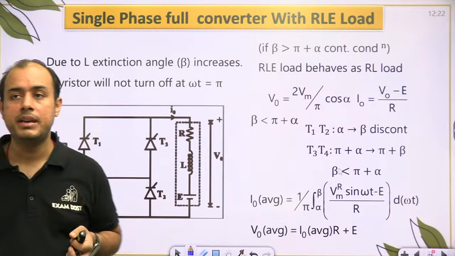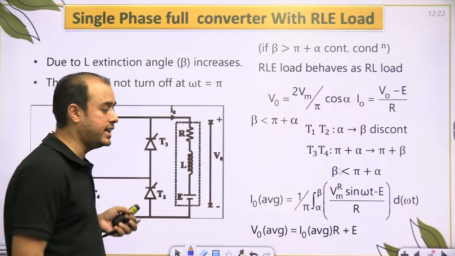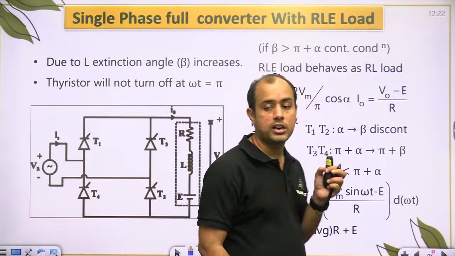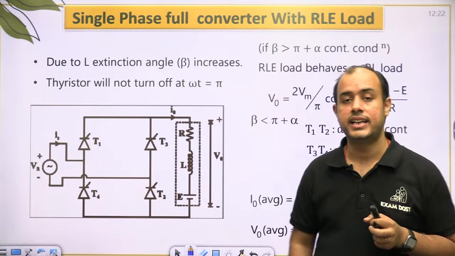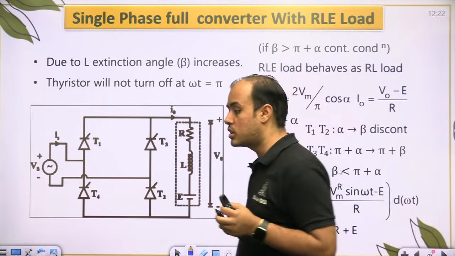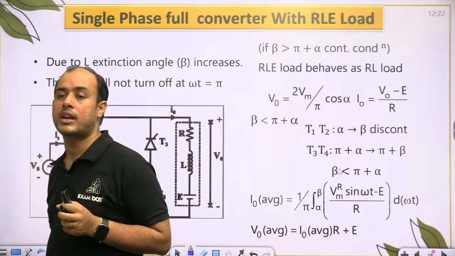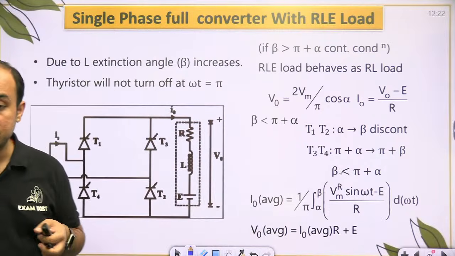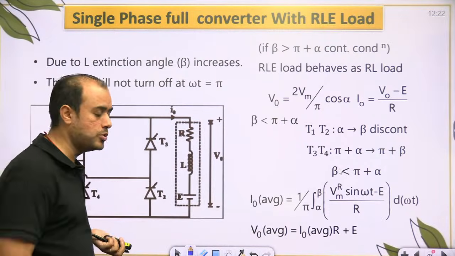Before my T1, T2 turn off, my T3, T4 will start to conduct. So they will start to conduct before T1, T2 can turn off, which means conduction will be continuous.